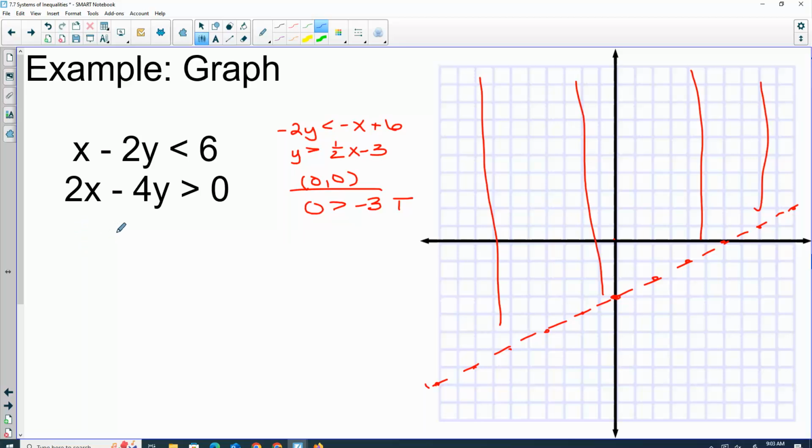Second one, if I subtract over my 2x, divide by negative 4. Dividing by a negative flips the inequality. Negative 2 over negative 4 is 1/2. So that line has a y-intercept of 0, and slope 1/2. Solid or dashed?